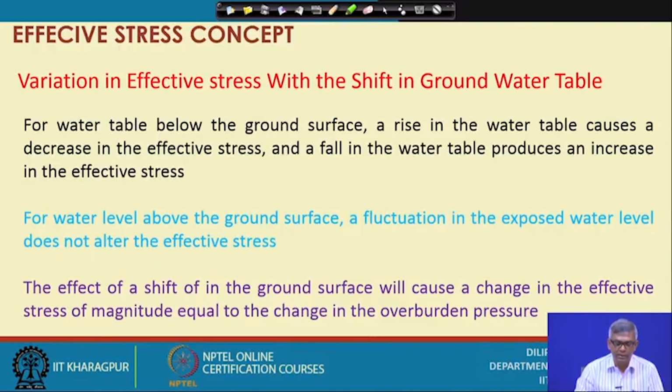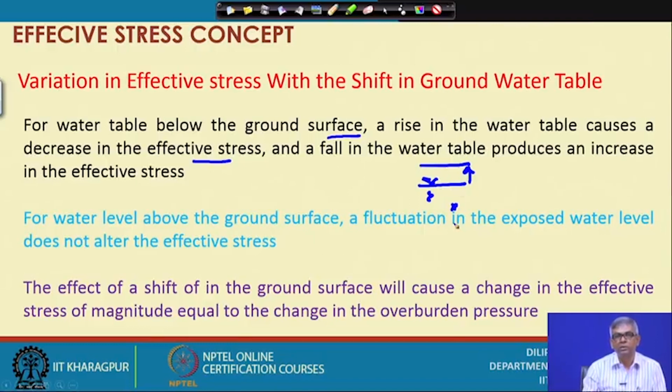With the water table below the ground surface, a rise in the water table causes a decrease in effective stress. If the water table goes up from here, then at any depth below this level, your effective stress will decrease. I will show that application later on.